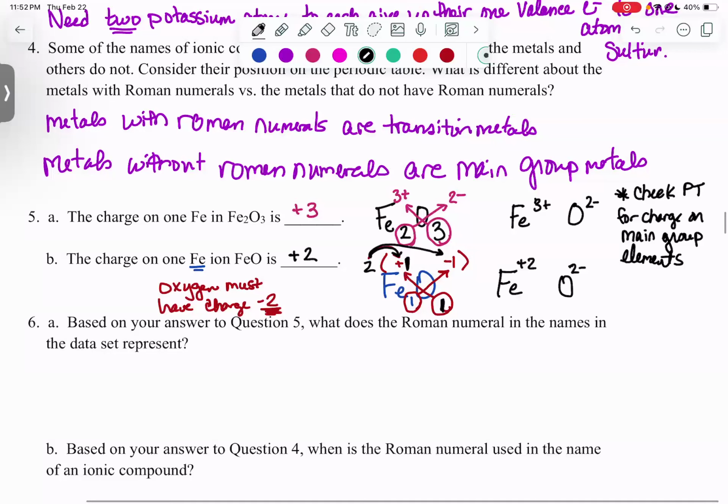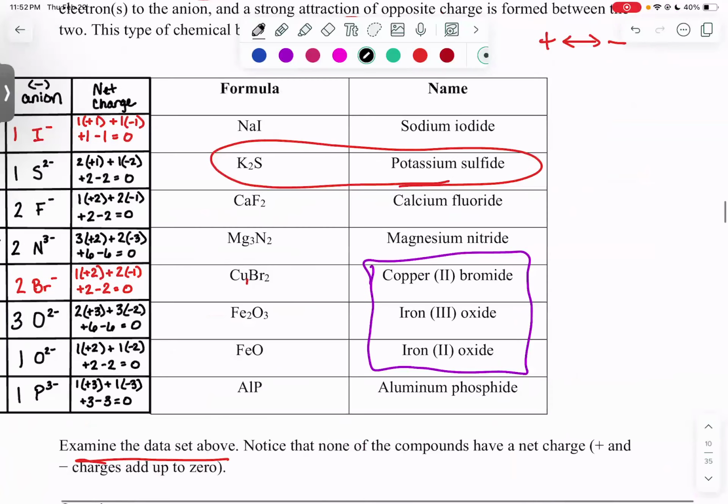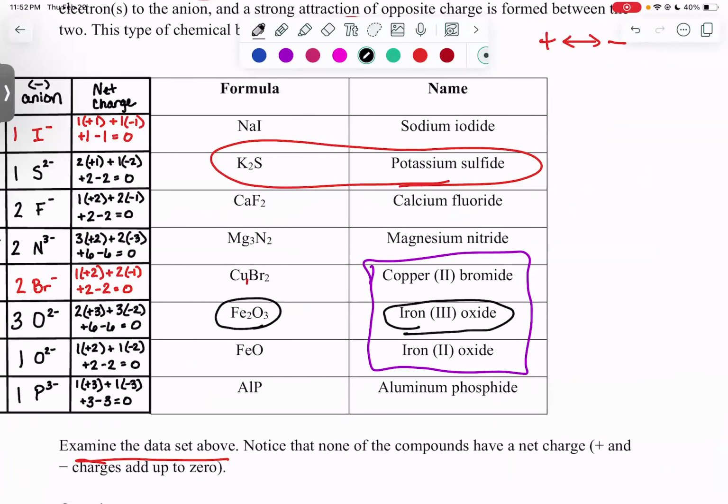All right, so based on your answer to question 5, what do the Roman numerals mean? Well, if we look up above, we had iron 3 oxide and then iron 2 oxide. Fe2O3 is iron 3 oxide. FeO is iron 2 oxide.